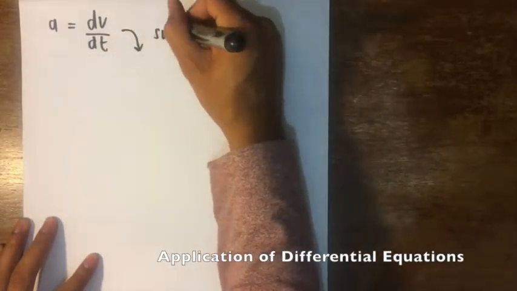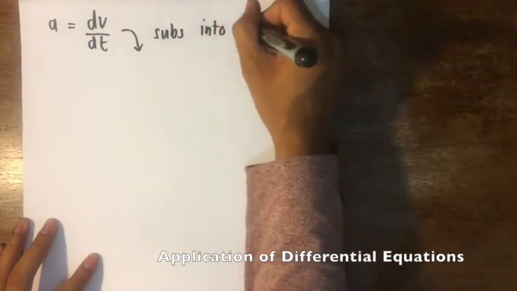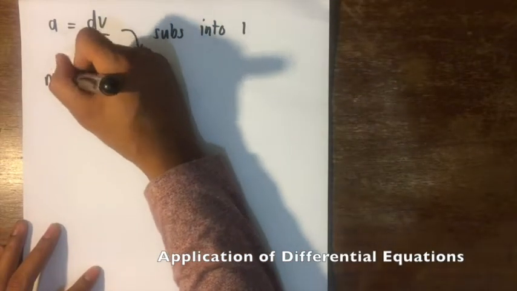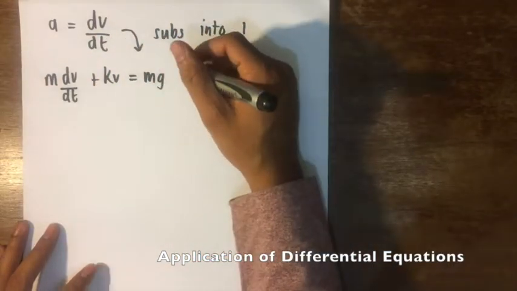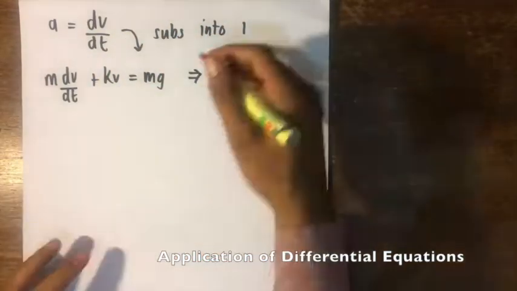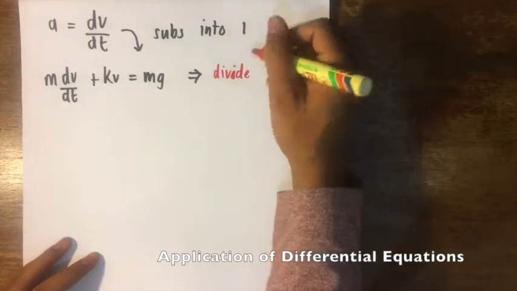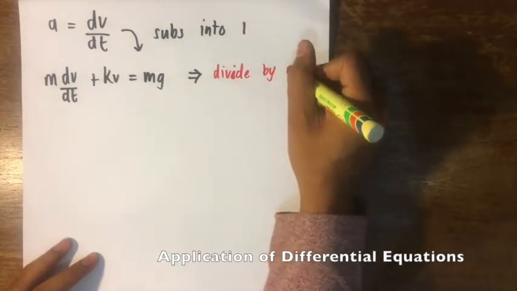So we sub this into equation number 1, where M dV/dt plus kV is equal to mg. We're going to divide by m throughout.